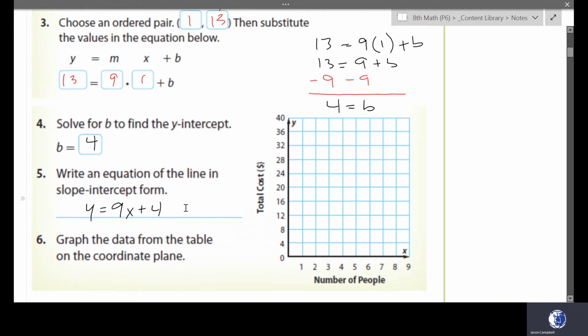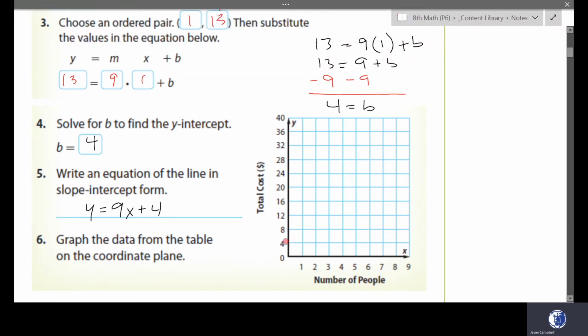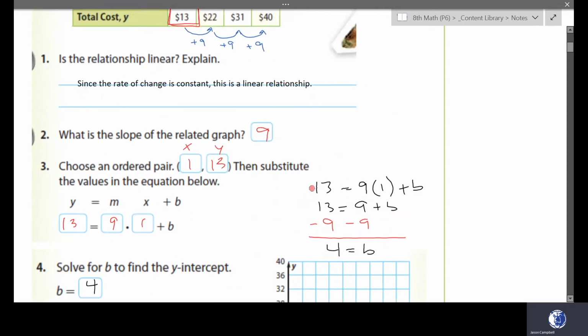Says graph the data from the table on the coordinate plane. So to graph from slope-intercept form, the plus 4 tells me to put a point at plus 4 on my y-axis. And the slope of 9 means I go up 9 and over 1. So I'd go to 13 and 1. I would go to 22 and, or let's look at it.